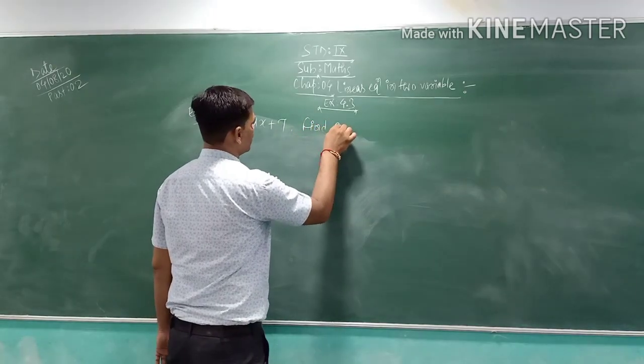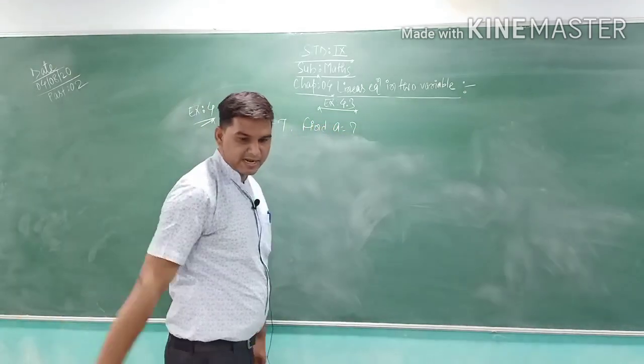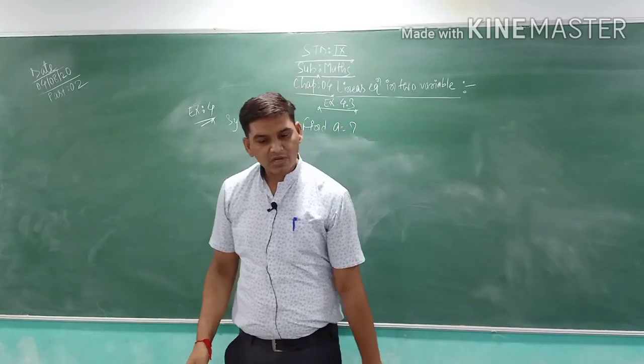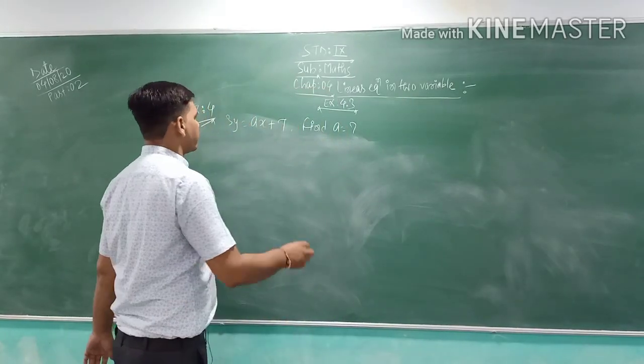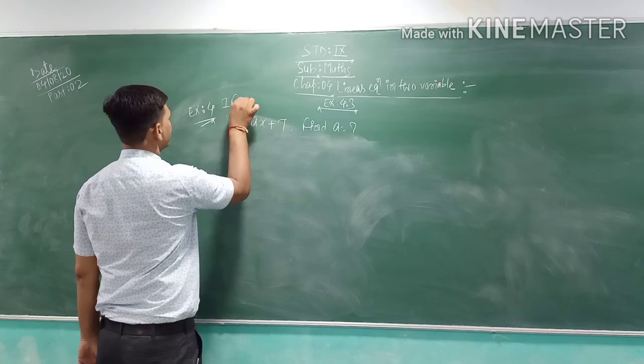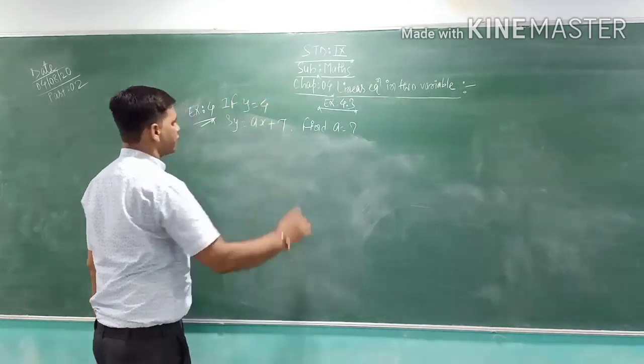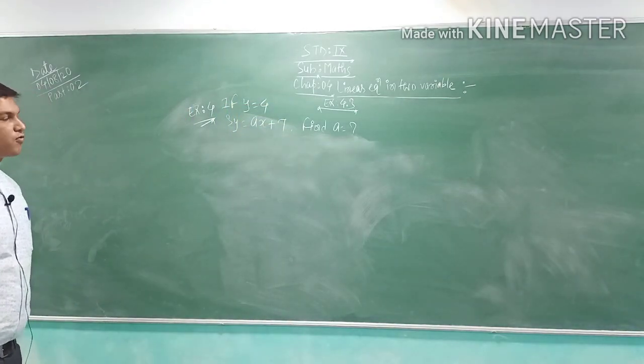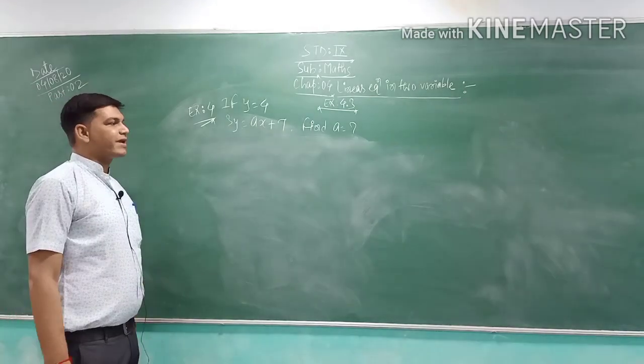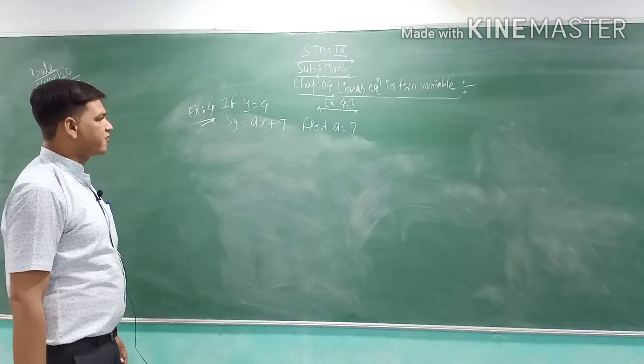And y is given as 4. If y is equal to 4, then in 3y equal to ax plus 7, we will find the value of a.